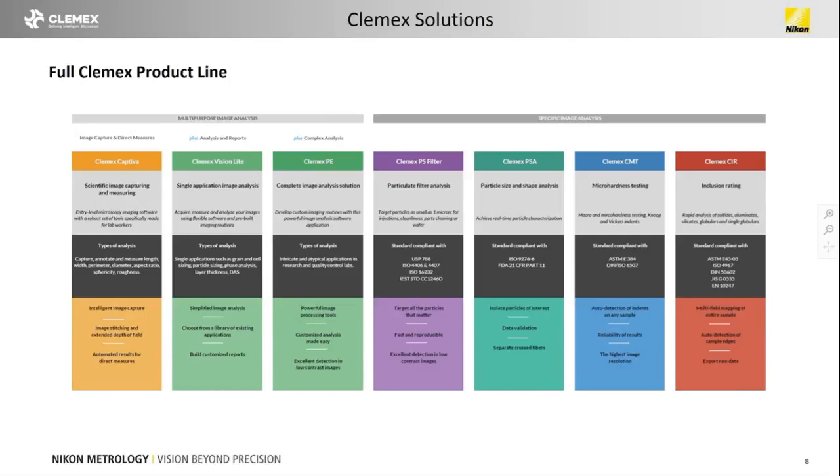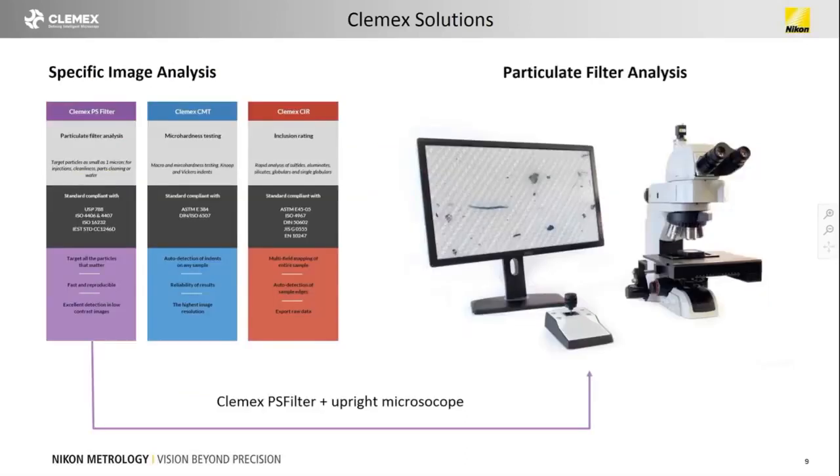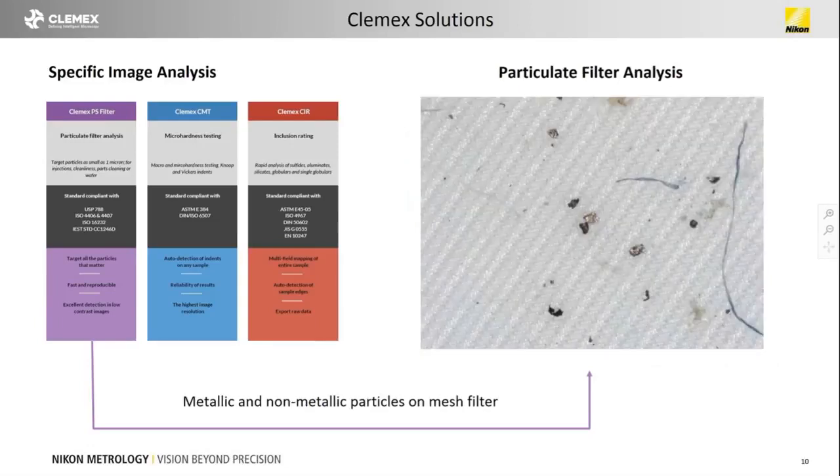The full Clemex product line is divided into two products. The first part is the multi-purpose image analysis line, and the second part is the specific image analysis line. In the specific image analysis line, we have three popular products. The first one is the Clemex PS filter system, which is used for contaminant analysis on filters. Here we have metallic and non-metallic particles on a mesh filter.